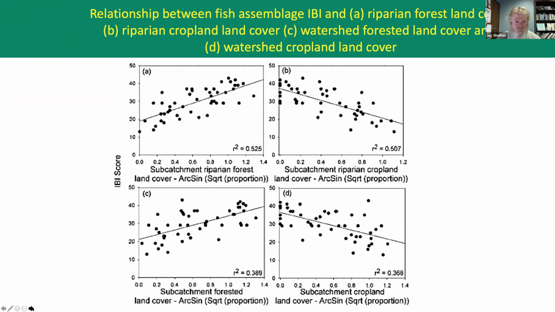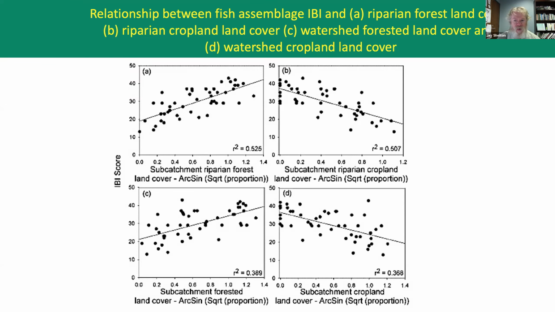So, for example, in terms of watersheds, we see these clear relationships between the fish communities and the land use in that watershed. For example, if we look at riparian forest land cover, in other words, the forest or the land right next to water, the more of that area is forested, the better the fish scores, the more healthy the fish community is.